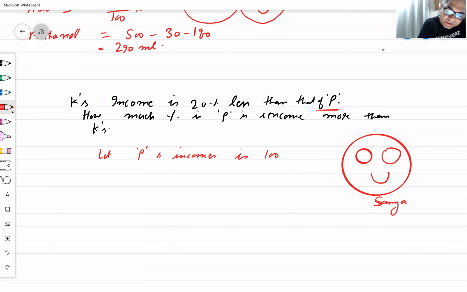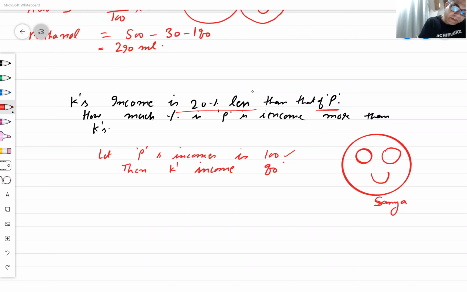If P's income is 100, then what will be the income of K? Tell me now, what will be K's income? That would be 80, isn't it? 20% less. That means if it is 100, then it will be 80. Yes, Ujjwal, right?